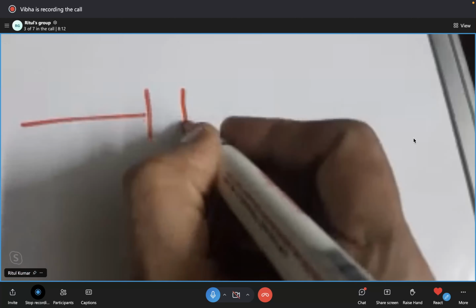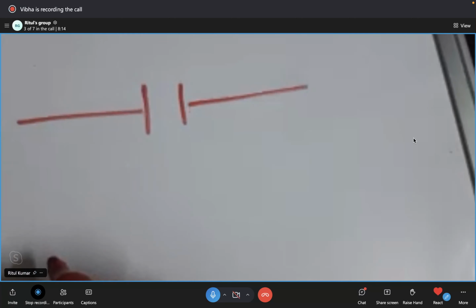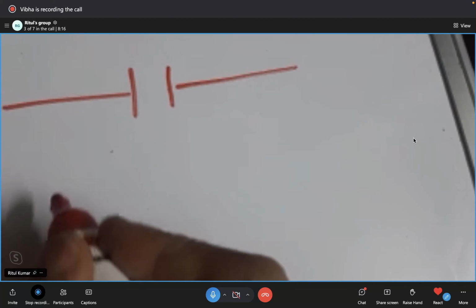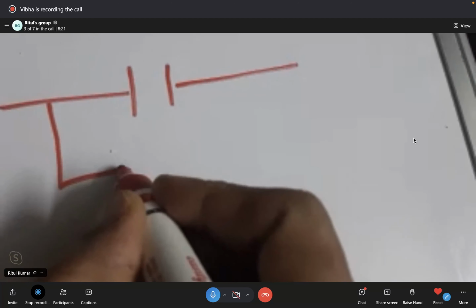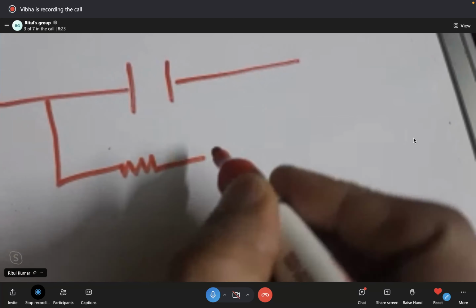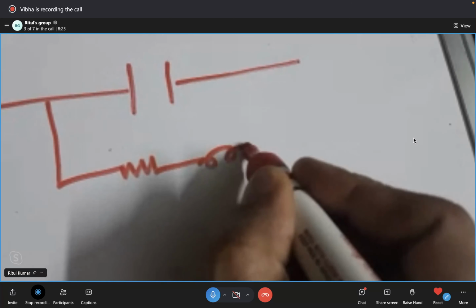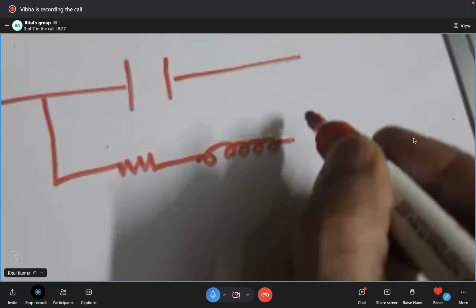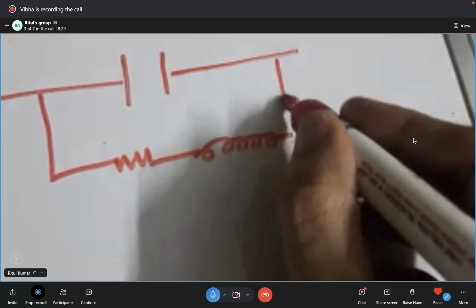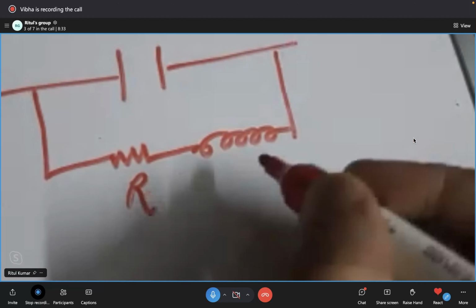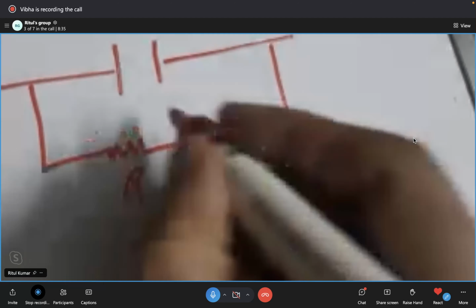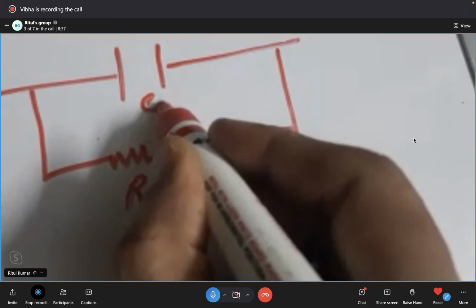The author is asking about a capacitor. So this is the capacitor I take, and then there is a resistor and inductor: R here, L here, C here.